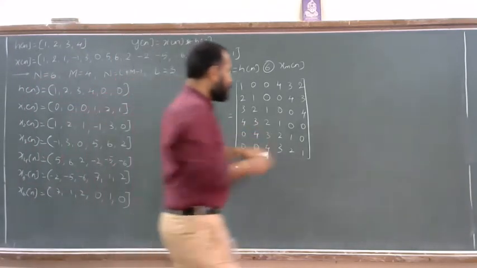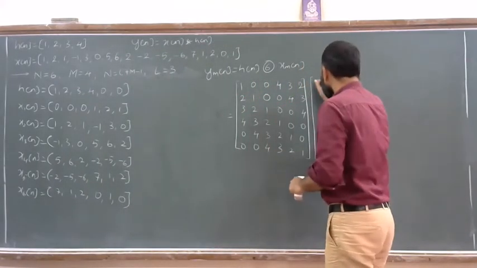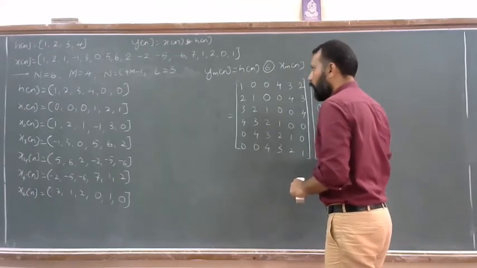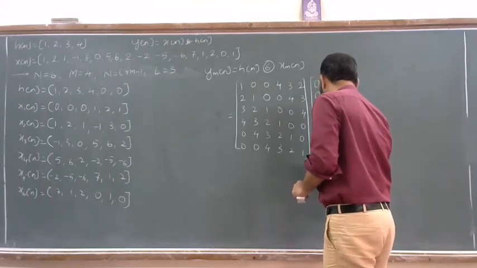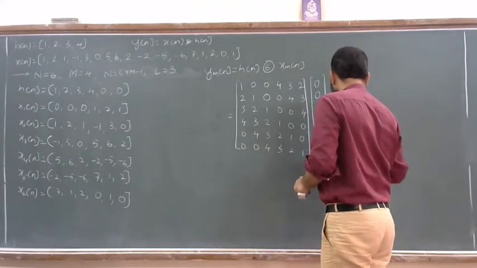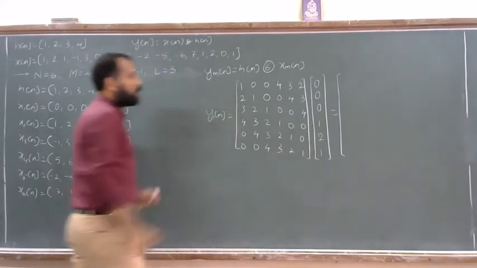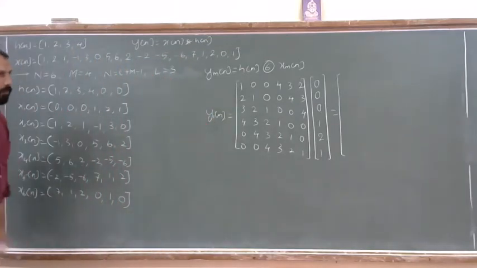Now if we multiply this matrix with the first segment of data, which will be 1, 2, 1, we will get a sequence. This sequence will be y1 of n, the first output block.